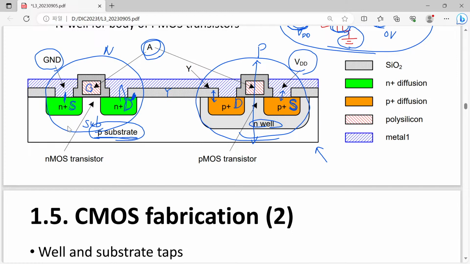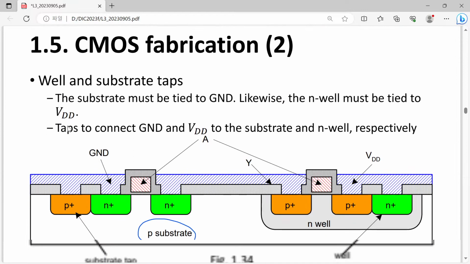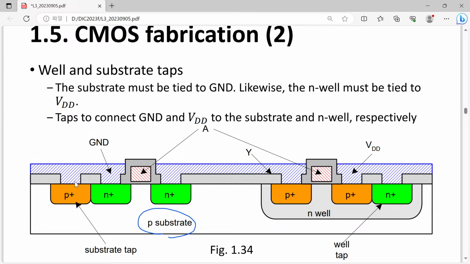So intentionally here means that we have a connection between the p-type substrate and ground. If we don't provide this substrate tap, then there is no way to connect our p-type substrate to the ground.